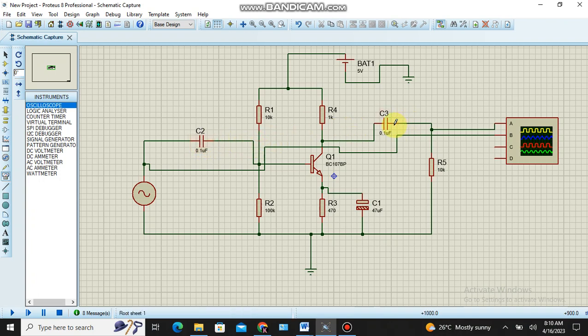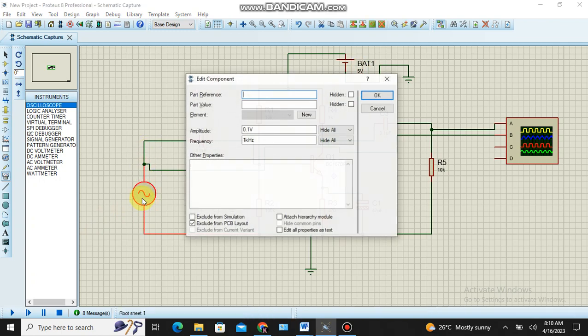C2 and C3 prevent the DC signal from entering the biasing. If it enters the biasing, it shifts the operating point of the BJT. That's why we have used C2 and C3. So I have set 5 volts in the battery. Input source I already set to 0.1 volt, 1 kilohertz frequency.